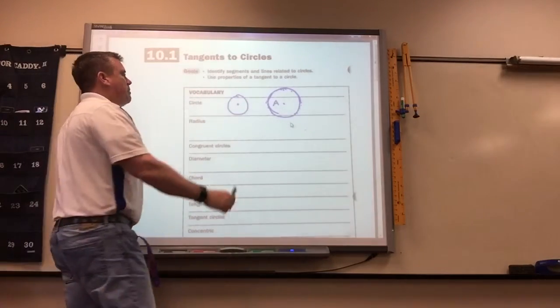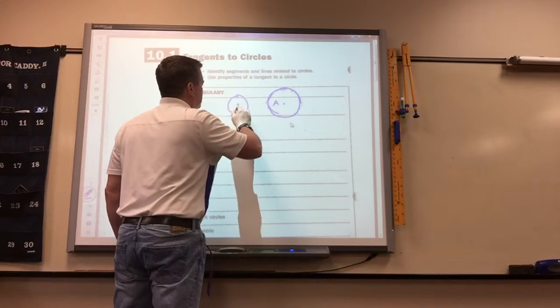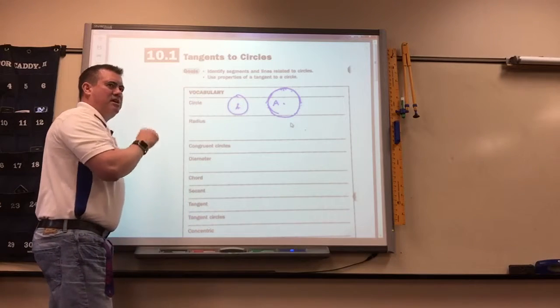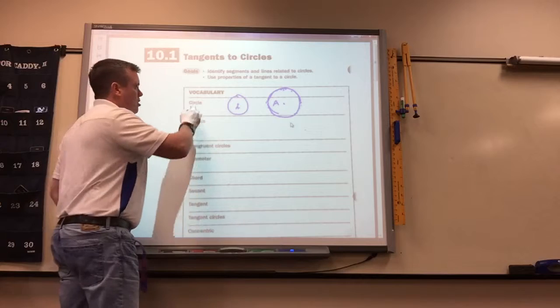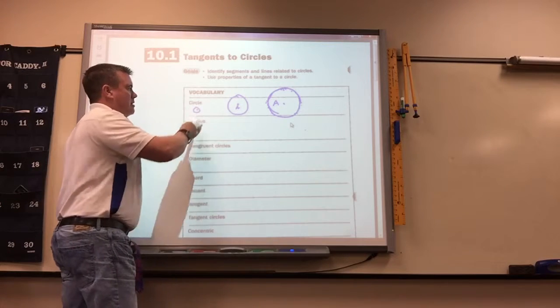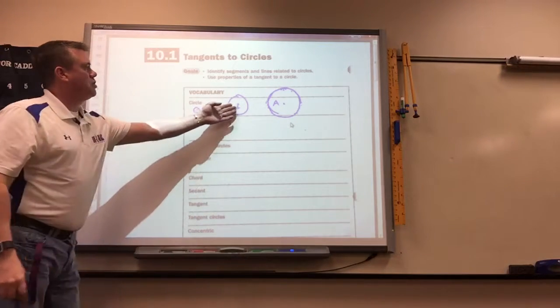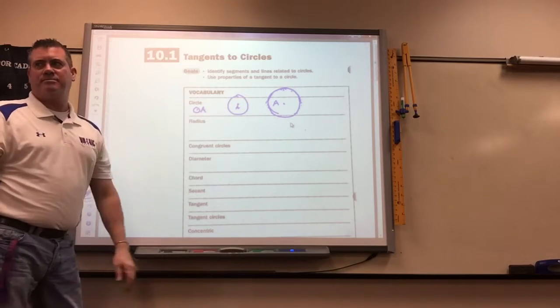When you name a circle, it has a center, and the abbreviation to name a circle is just a little circle with a dot in it. This would be called circle A, because the center is A.